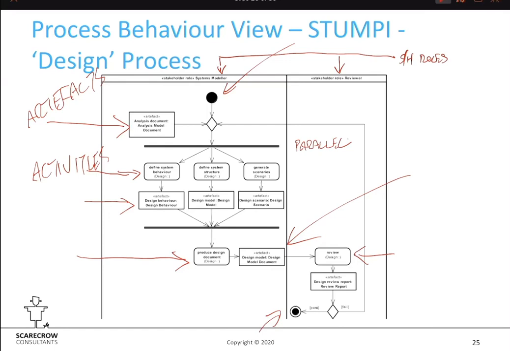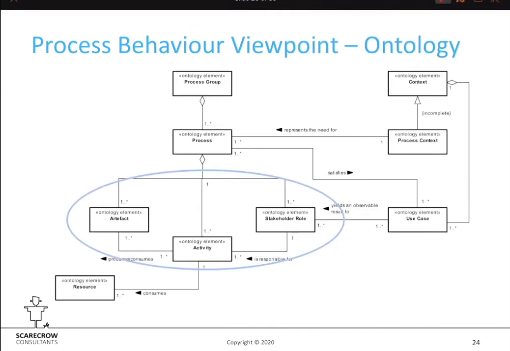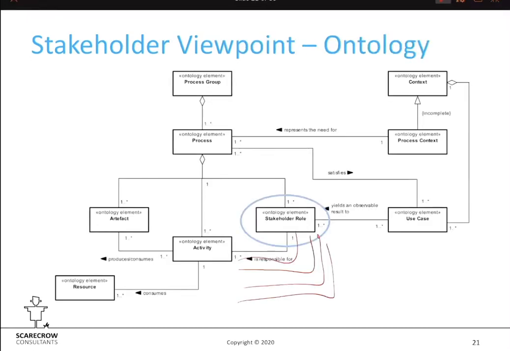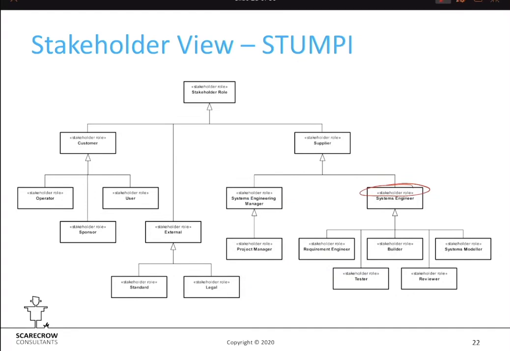But you have to remember the definition of the viewpoints you're seeing. The fact that there's a process behavior view, or a stakeholder viewpoint that has to show stakeholders, means the ontology and the framework itself do not mean that you have to use SysML. You can use BPMN and text and whatever you want to realize the framework, to produce your views.